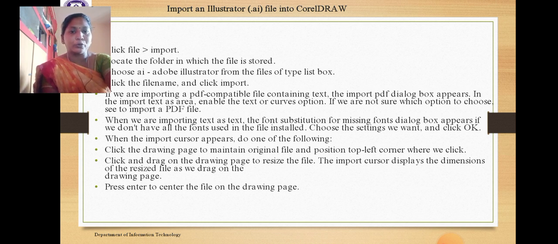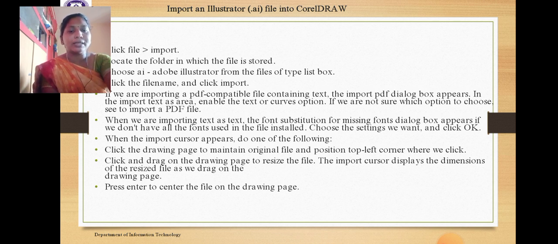In the Import Text As area, enable the Text or Curves option. If we are not sure, we can choose Curves to import a PDF file. When we are importing text as text, the Font Substitution for Missing Fonts dialog box appears if we don't have the fonts used in the file installed. Choose the setting we want and click OK.